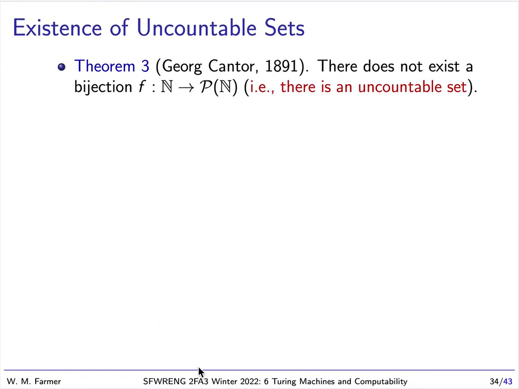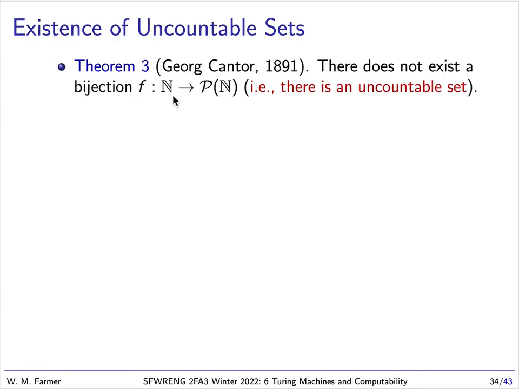But now we're going to talk about an important proof. This theorem was proved by Georg Cantor in 1891. What he proved was that there does not exist a bijection from the natural numbers to the power set of the natural numbers. The power set of the natural numbers is the set of all subsets of the natural numbers.